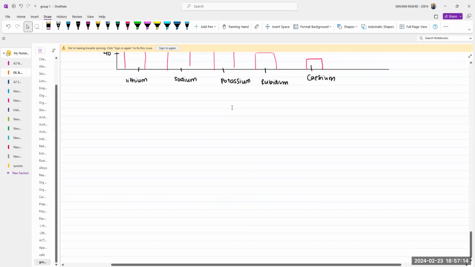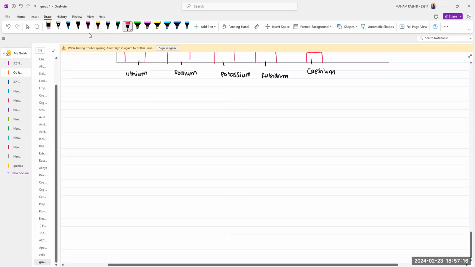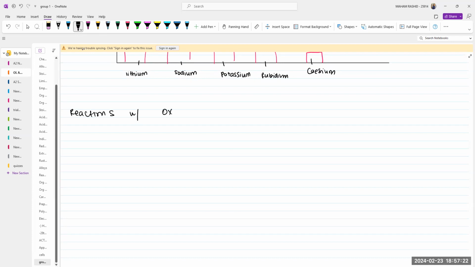Then we have reactions with oxygen. One last heading before I end class. They form metal oxides.